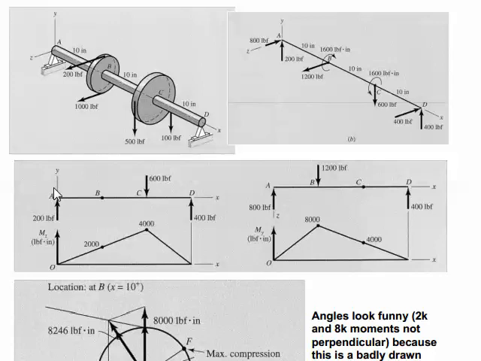It's not a shearing diagram, but from that loading diagram we can draw the moment diagram, and we transition from 0 up to a total moment of 4,000, and then dropping down to a moment of 0.